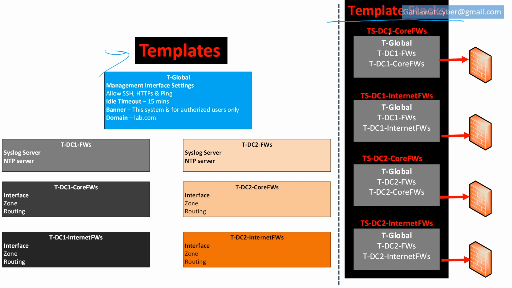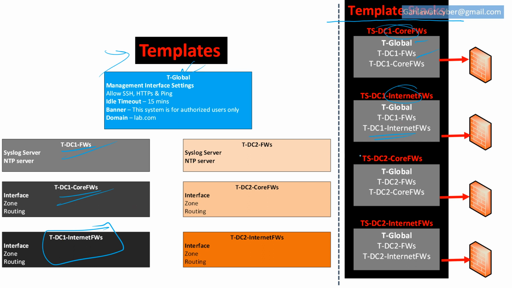So the template stack for the DC1 core firewall will have this global, meaning this global will be part of all the template stacks. So global, then we will have the template stack DC1 firewalls, and then the core firewall template. For the internet firewall, the first 2 templates are the same, and the third one is going to be this third template for the DC1 internet firewalls.